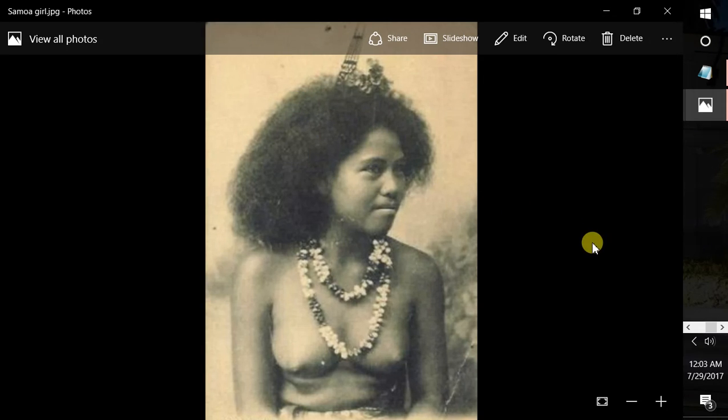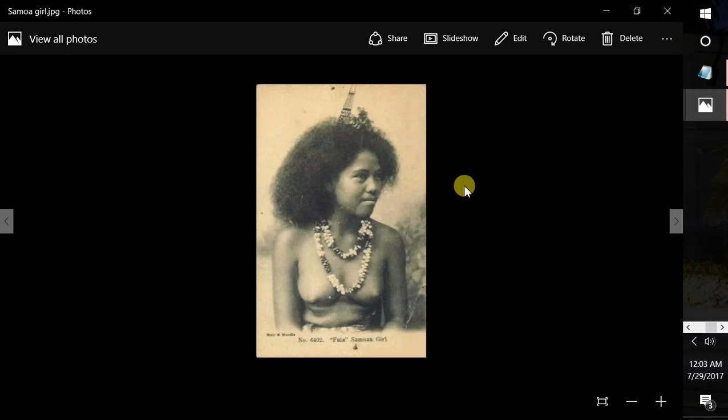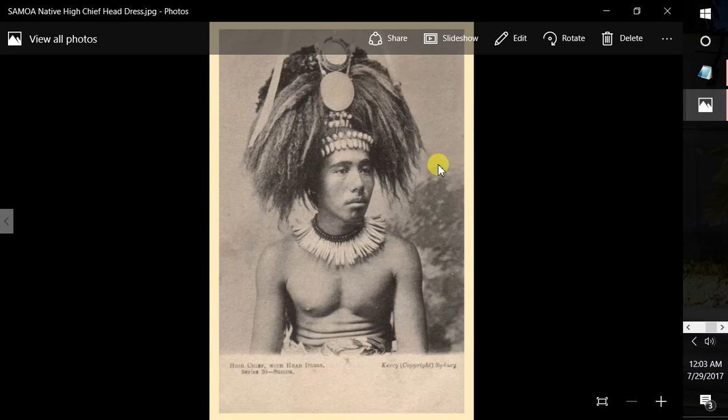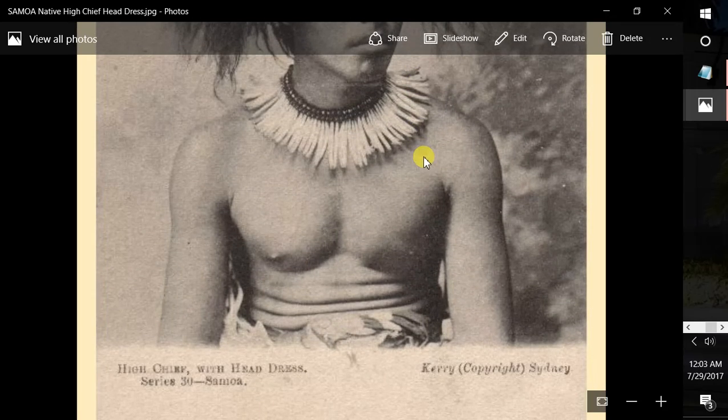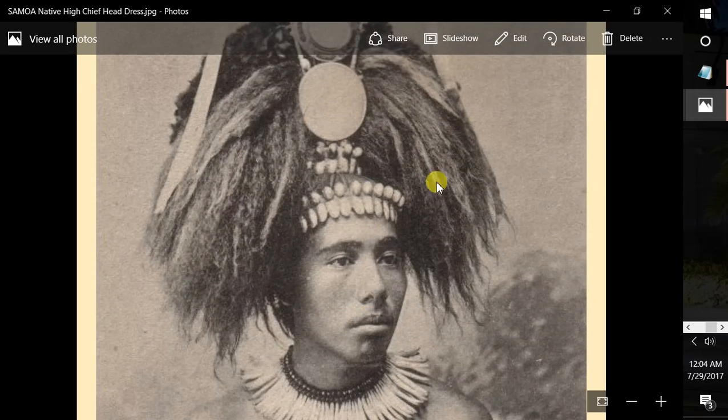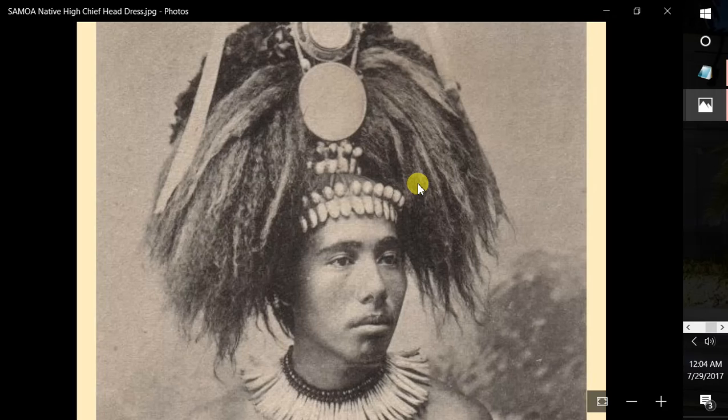But what do the Samoans look like today? What do they look like? Look at another Samoan right here. A high chief with headdress, Samoa. Can you see that? So they are not from Africa. They are indigenous. That's why I had to lay that whole foundation to show you how it happened.